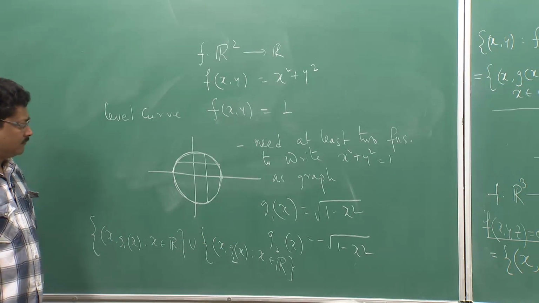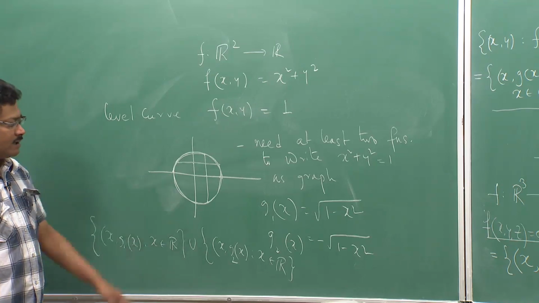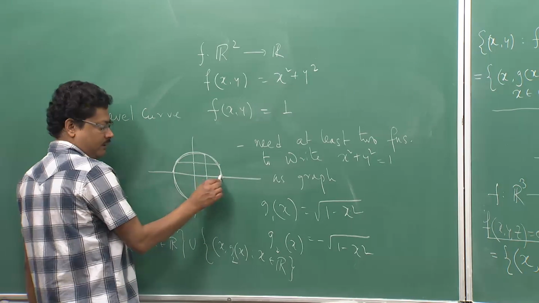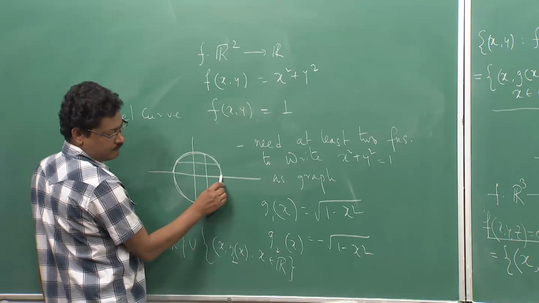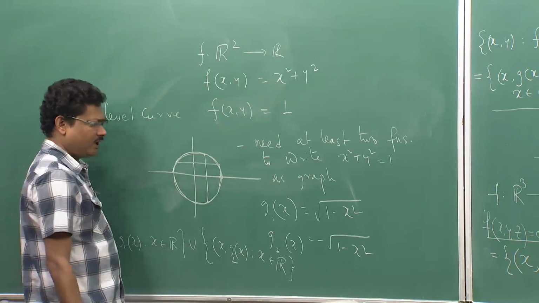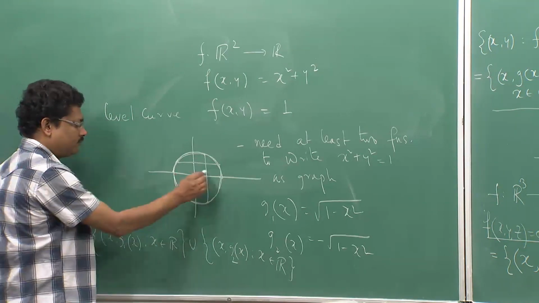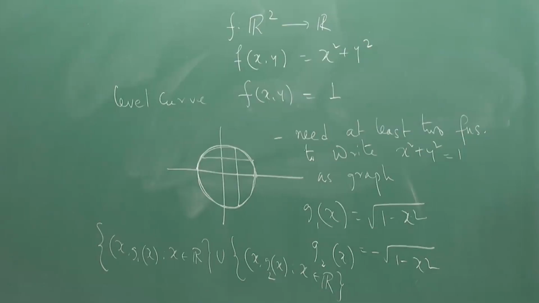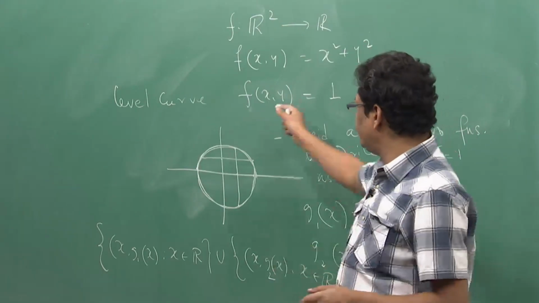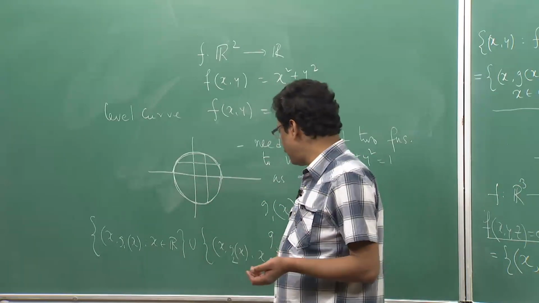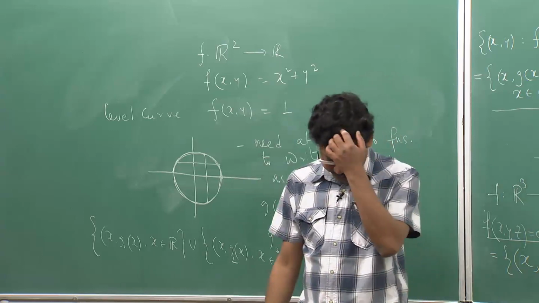Oh yeah, they are not disjoint. When x equal to 1 or minus 1, y is 0. So, it is not a disjoint union. So, even for this simple level curve, which is very nice, it has a tangent everywhere, but I cannot write it as a graph of a function.